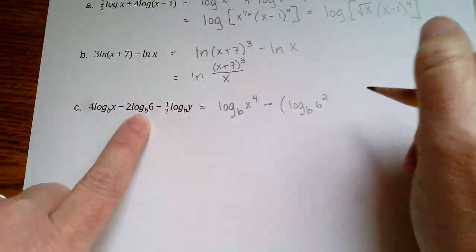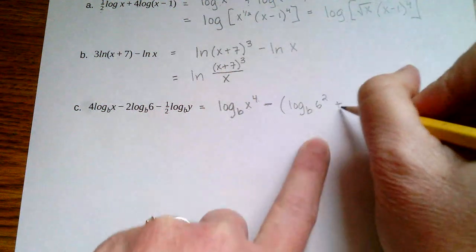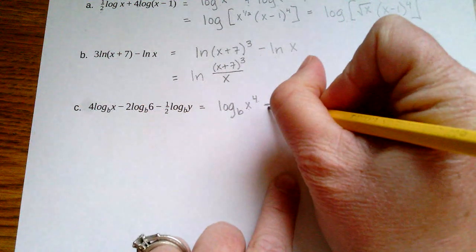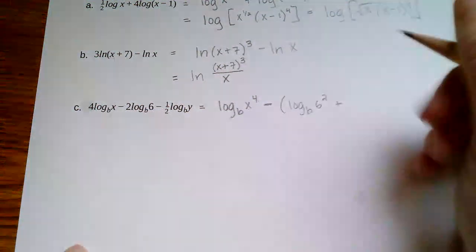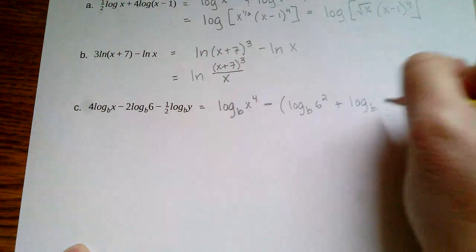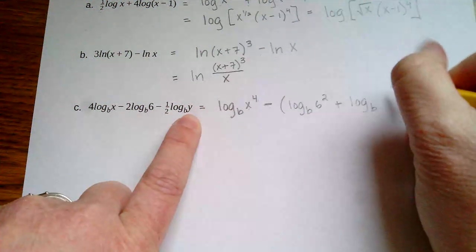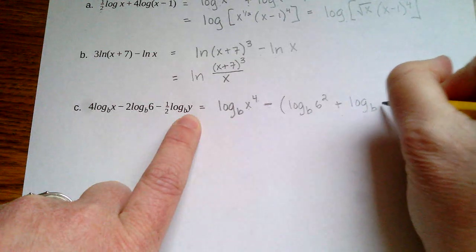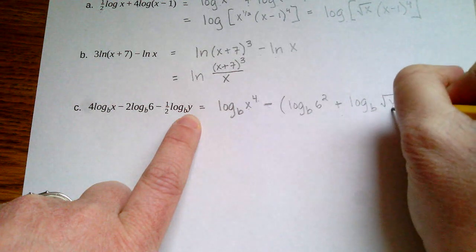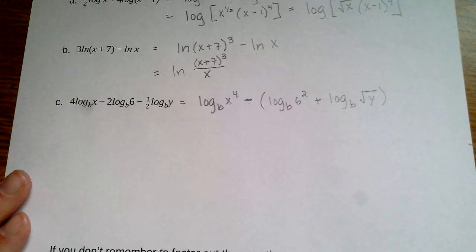And this minus is now changing to a positive because I factored a negative out front. And this is going to be log base b. It would be y to the 1/2. I'm recognizing that y to the 1/2 is the square root of y. So I did this in a couple of steps.